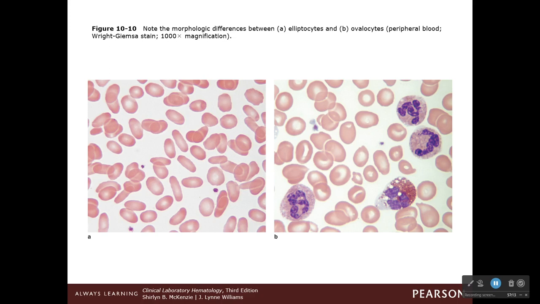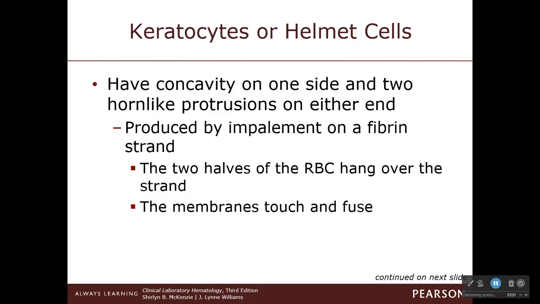And they're totally different, shape-wise. Okay? But I'm just telling you, when you get into the hospital, elliptocytes and ovalocytes are interchangeable terms. And they really shouldn't be, but they are. Okay? Questions about that?